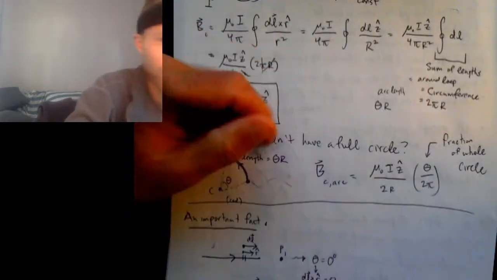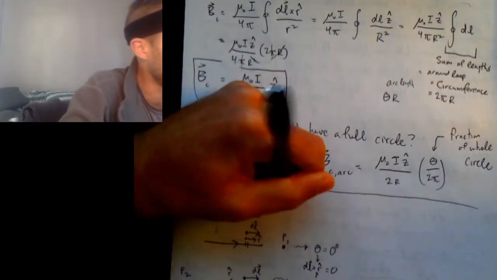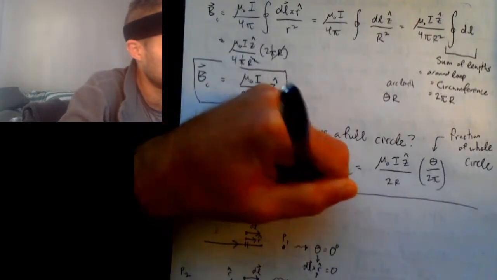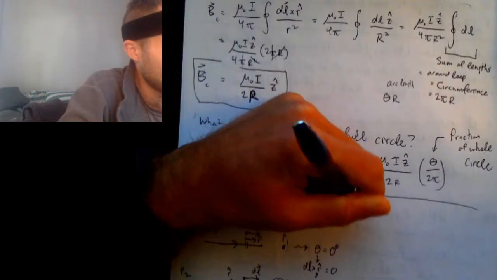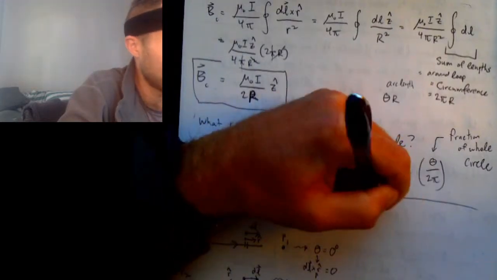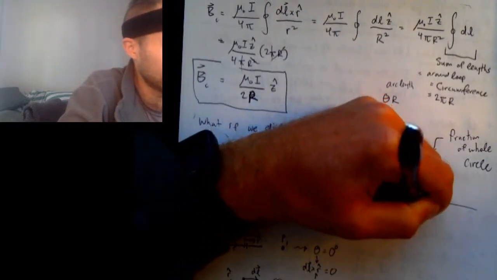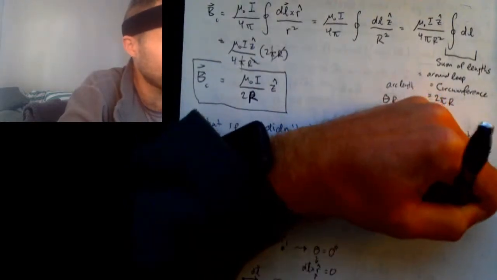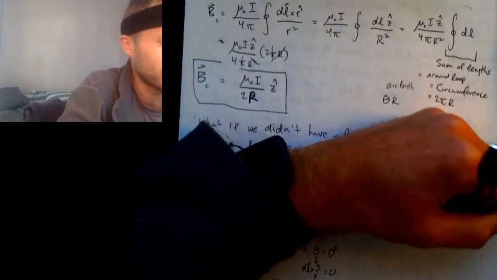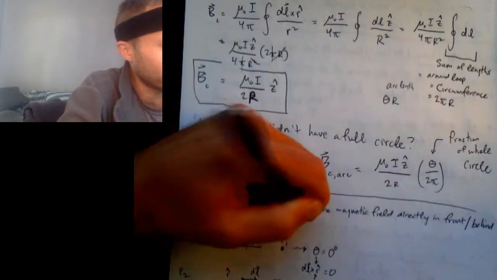So the important fact is that there is no magnetic field directly in front and directly behind a straight wire segment.